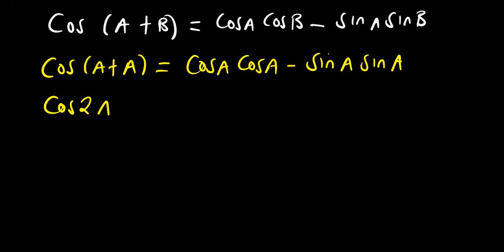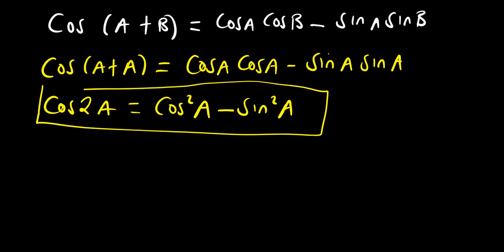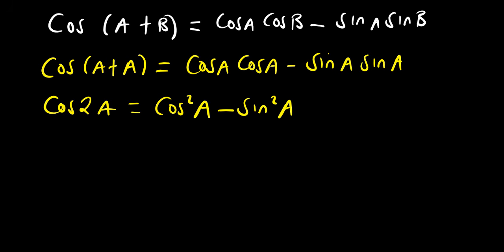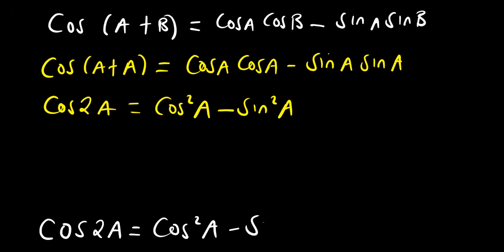So cos 2A is equal to, if I multiply cos A by cos A, that will give me cos squared A, minus, if I multiply sin A by sin A, that will give me sin squared A. This is another double angle identity of cos that you are not supposed to forget. So let me write it down. We have cos 2A equals cos squared A minus sin squared A. Let's call this number 1.